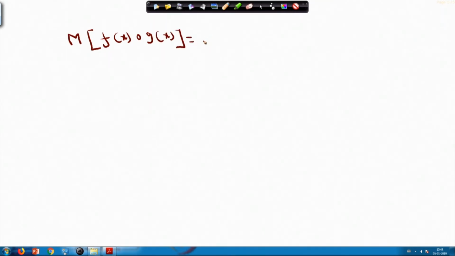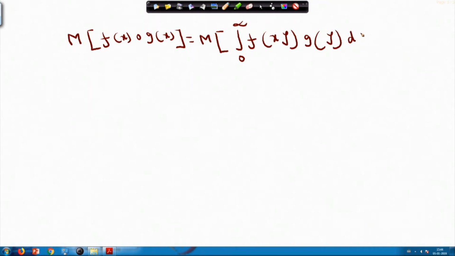Now the Mellin transform of f of x convolution g of x, with the changed definition, is the Mellin transform of the integral from 0 to infinity of f of x eta into g of eta d eta.